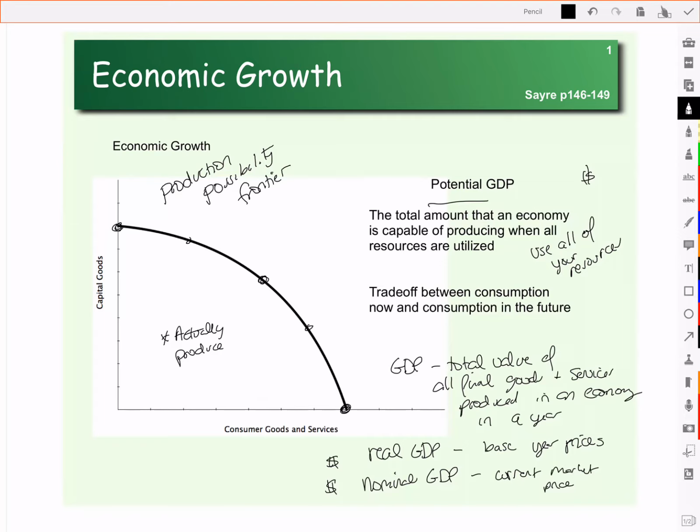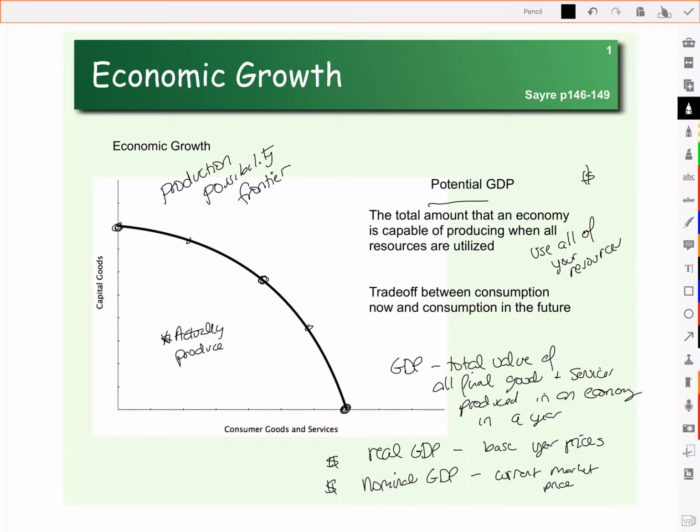That's where we're going eventually. There's some kind of gap between where we are and where we could be, and we can look at how we can fix the economy to get there. So right now, as we focus on potential GDP, it's the combination of these goods that uses all of our resources. So if we're not using all of our resources, we're going to be somewhere underneath that curve.